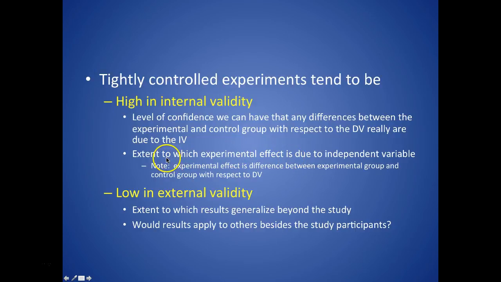So they talk about this as the extent to which the experimental effect is due to the independent variable. If that's true, you say that you have high internal validity for the experiment.